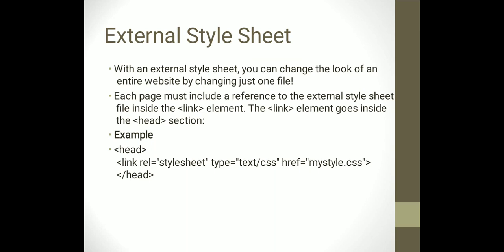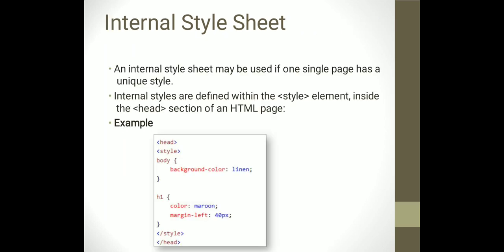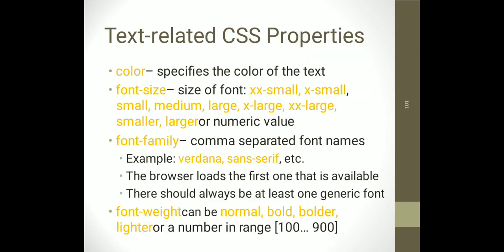So we can see there are so many things that are defined with the style sheet of CSS. Then we have gone through the examples of external style sheet, internal style sheet, and inline style.